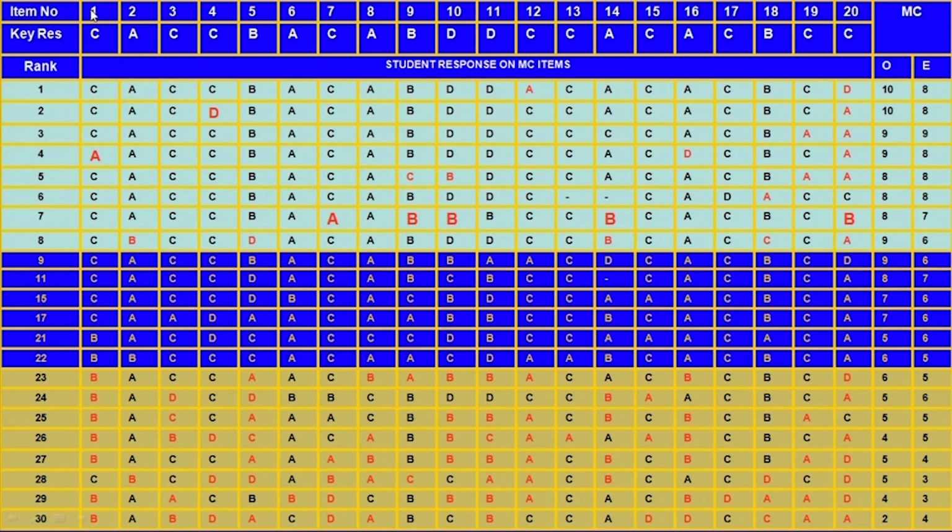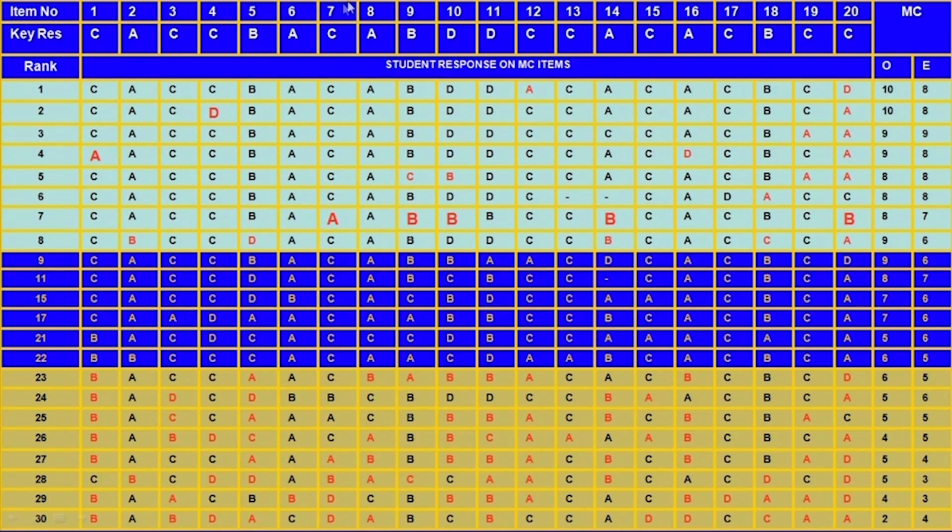In this case, question number 1, C is the right answer. So A, B, D are the distractors. Question number 2, A is the right answer, B, C, D are the distractors. In that fashion, it continues.